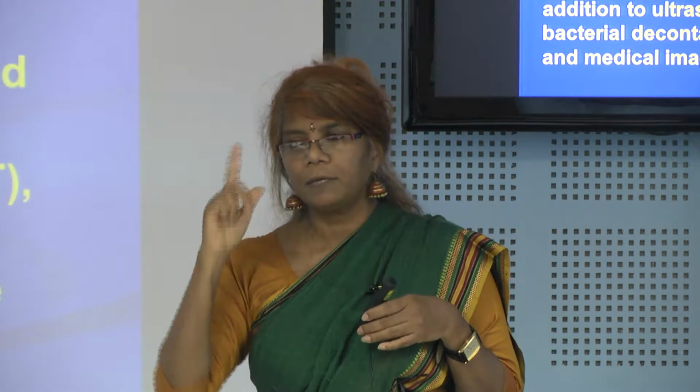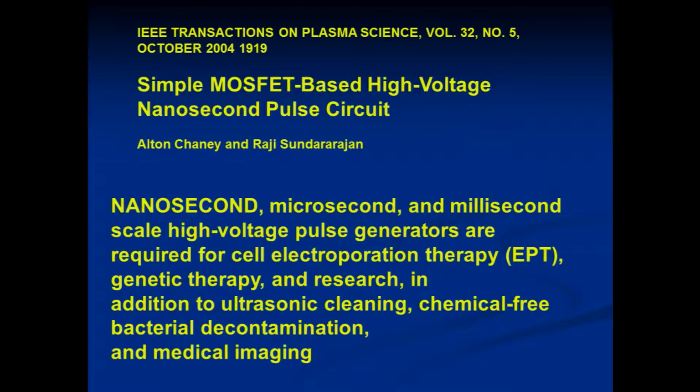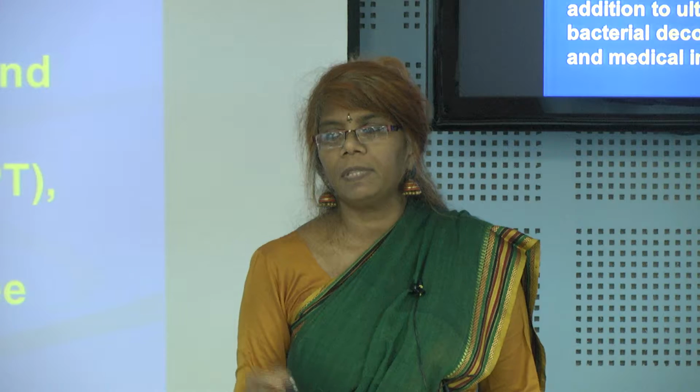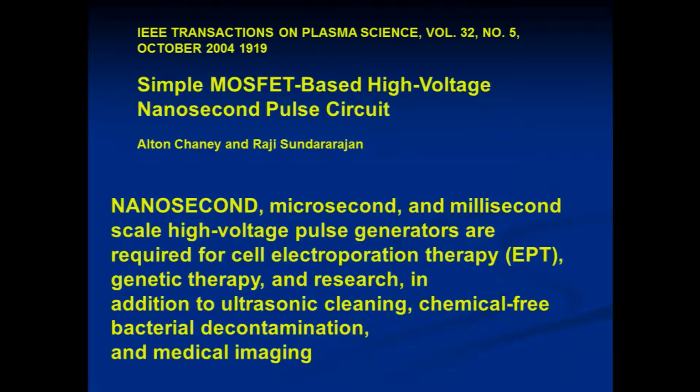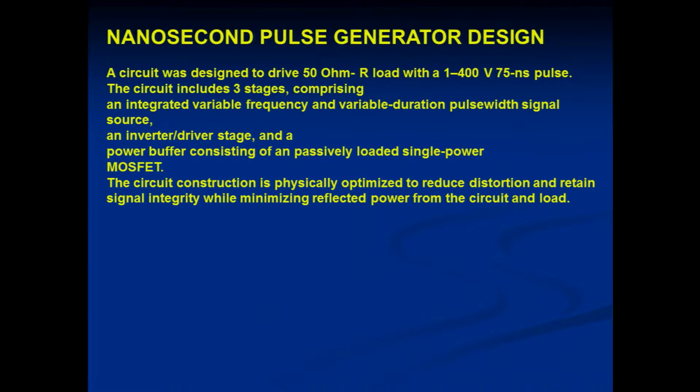For breast cancer one professor was doing this; now he is retired, maybe he is doing more now. So we can use this, in addition to electrochemotherapy, for gene therapy, research in ultrasonic cleaning, chemical-free bacterial decontamination, and medical imaging. For bacterial decontamination we saw that with lemon juice we can kill them without heat, which is normally used. Heat is not always the best. It is called non-thermal because thermal is not at all good anyway.